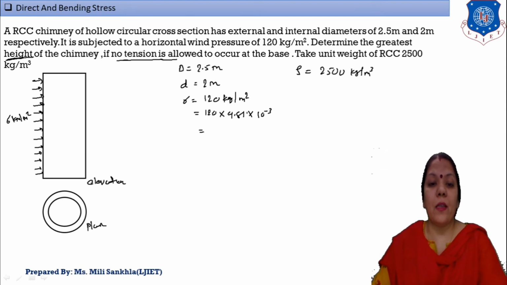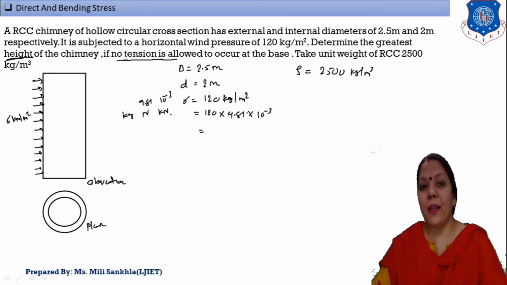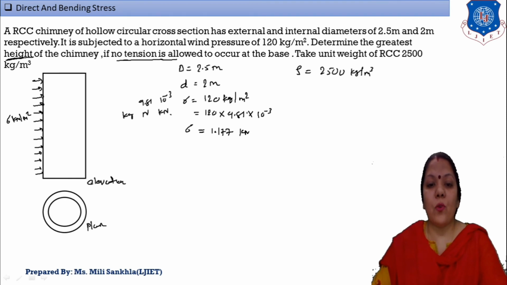Again, first we convert kg into newton, and then newton into kilonewton. Here we multiply with 9.81, and for kilonewton we multiply with 10 raised to minus 3. Clear? Now after multiplication we get the value of this sigma equal to 1.177 kilonewton per meter square. Now we find the value of this rho.